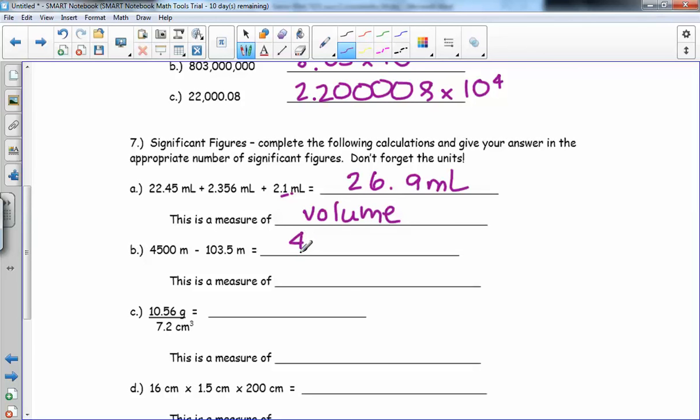Here we're subtracting, and you can see in this number our least precise actually goes to the hundreds place, and therefore I rounded my answer to the hundreds place as well. And of course this is a length.